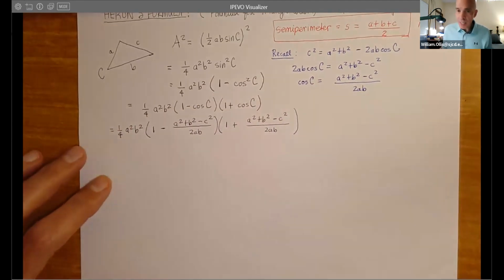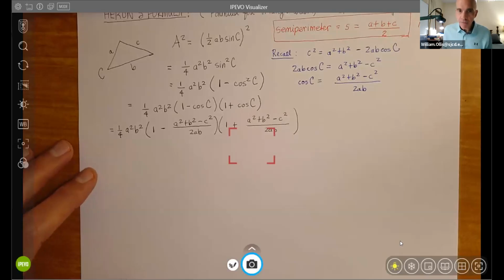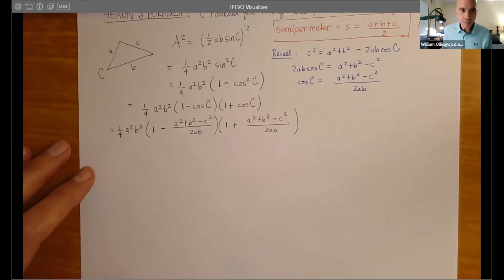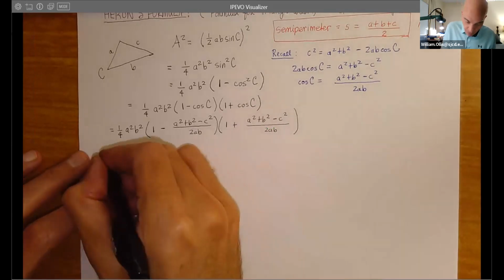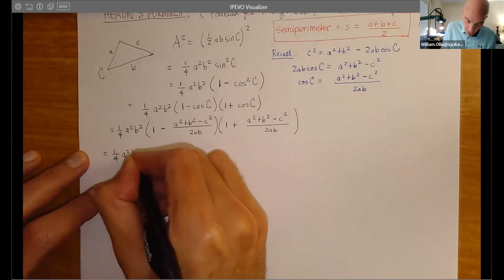Now what we want to do is get some common denominators. So let's do a common denominator. So now it's just algebra. We just use our algebra skills.